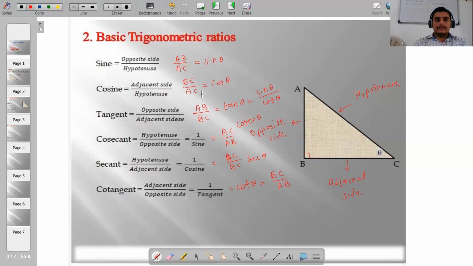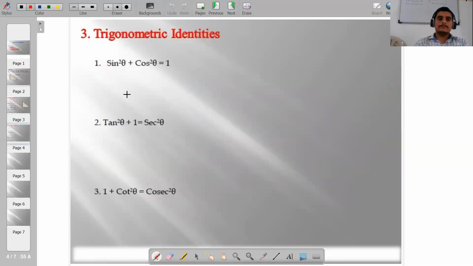Once we clear the idea about the basic ratios, we will try to define some identities of the trigonometric ratios. The very first one is sine square theta plus cos square theta equal to 1. From the previous figure, we know that sine theta was AB upon AC.